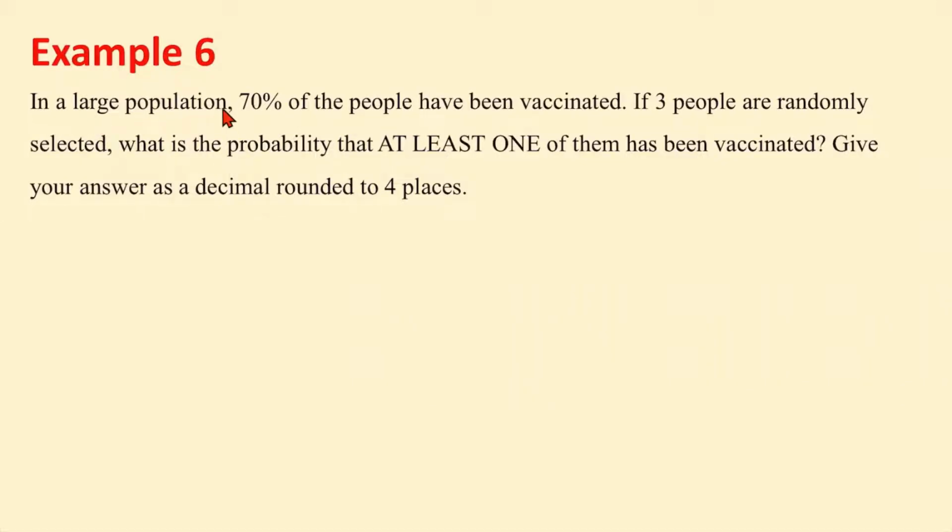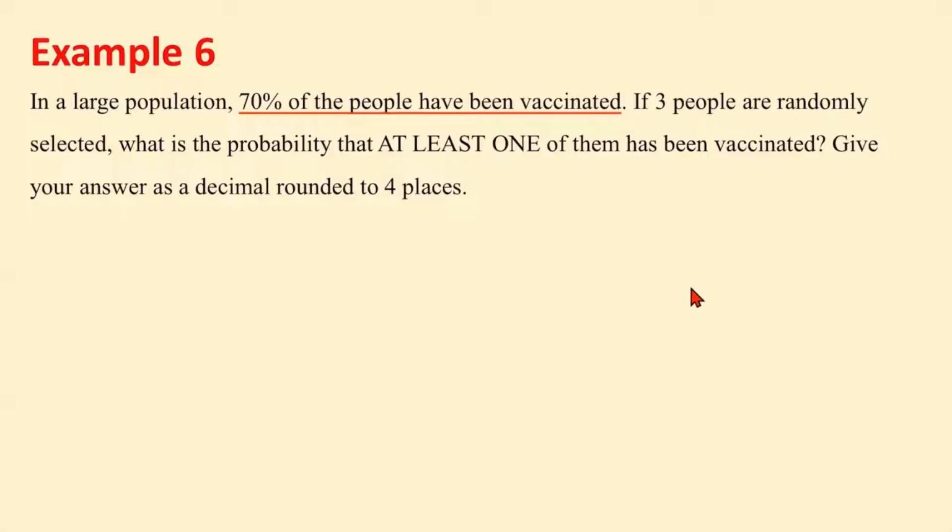In a large population, 70% of the people have been vaccinated. If 3 people are randomly selected, what is the probability that at least one of them has been vaccinated? Give your answer as a decimal rounded to 4 places. What is given here is that 70% of the people have been vaccinated.